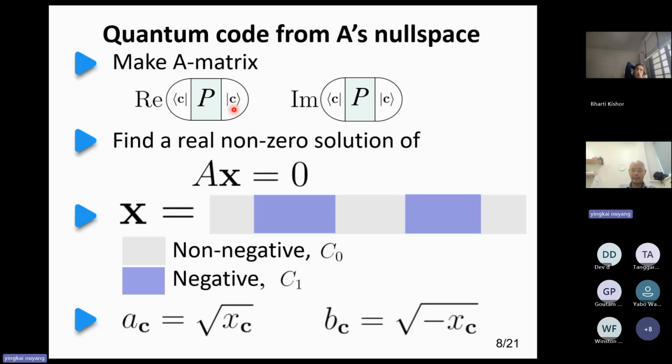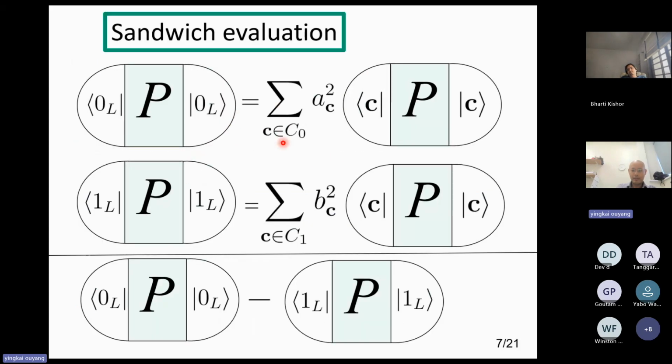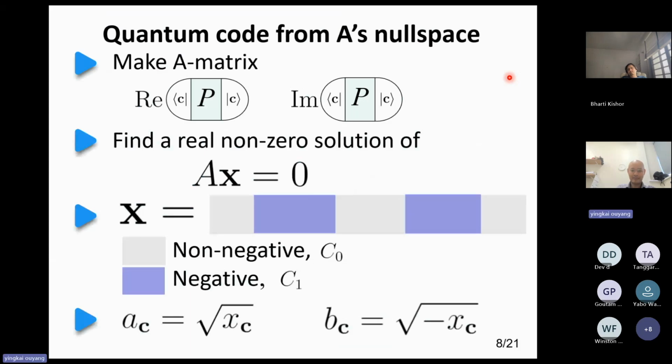Okay, let's focus on the qubit case. So there's no real and imaginary, right? So see this A matrix here. The P's are going down like this, and the C's are going like this. Okay, is it clear? All right, I suppose it's clear.